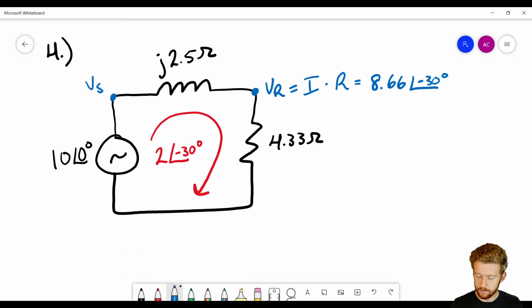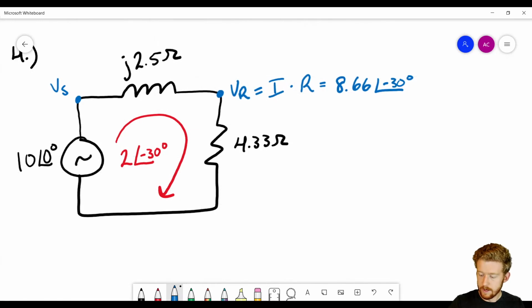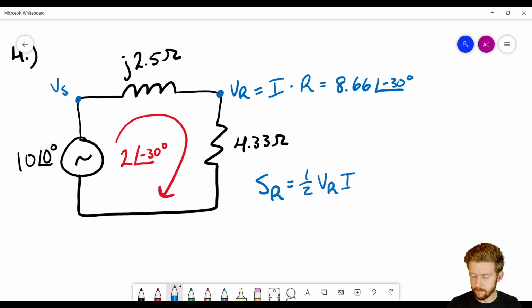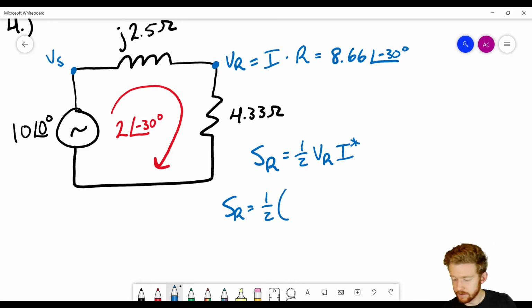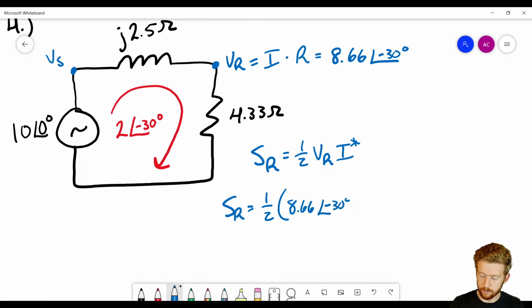So let me use blue for the resistor. If I'm calculating the apparent power of this resistor, that's just going to be 1/2 VR times I conjugate. Now, let me move this down here. That's going to be 1/2 VR, we said, is 8.66 with an angle of minus 30 degrees.